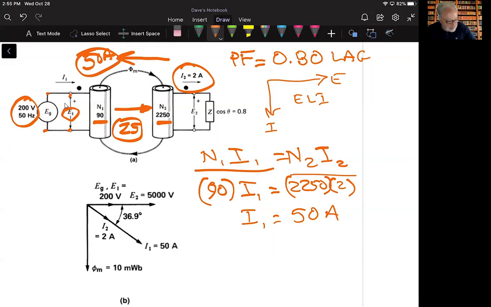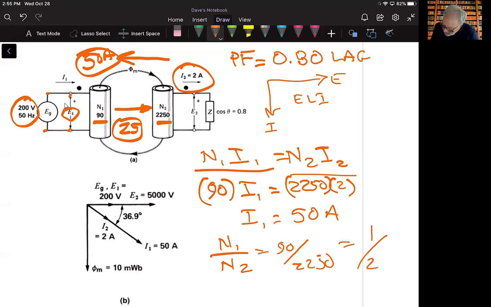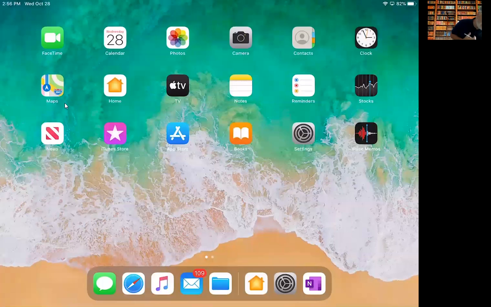So that's where that comes from. He goes through that determination in the first solution, where he does N1 over N2, which is 90 over 2,250. I get 1 over 25. So I could say the current ratio is 25. Because the primary has fewer turns, the primary current is 25 times greater than the secondary. So that's one thing that I can do.